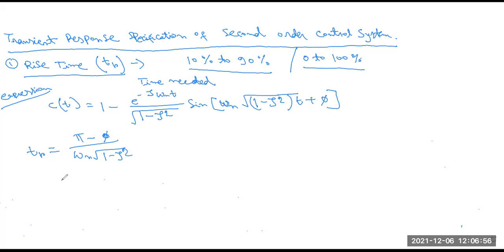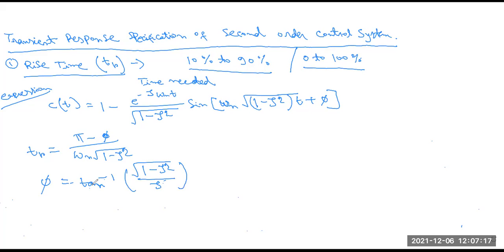And we have to know this phi equals tan inverse of root over of 1 minus zeta square by zeta. This expression we learned in our previous classes.